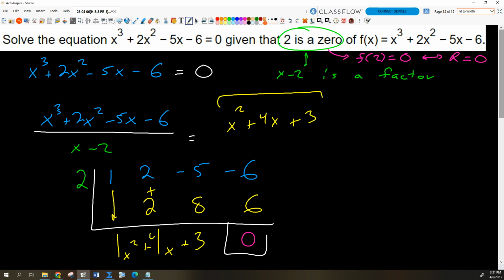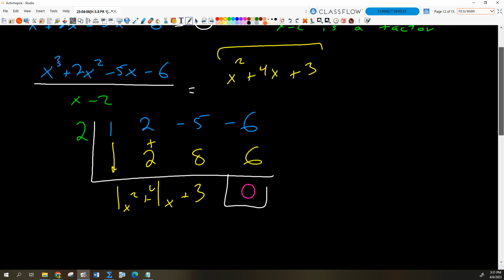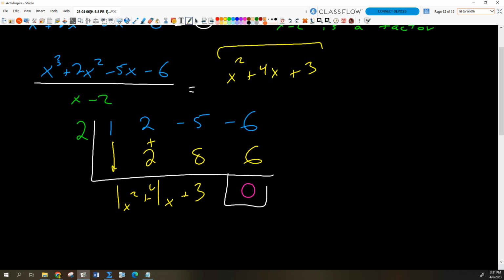Well, doesn't that just mean that the blue polynomial factors into x minus 2 times the yellow polynomial, right? If I multiply each side by x minus 2, that's what we get, right?